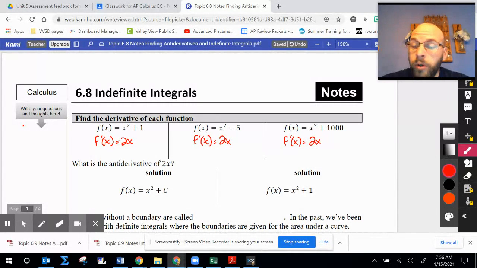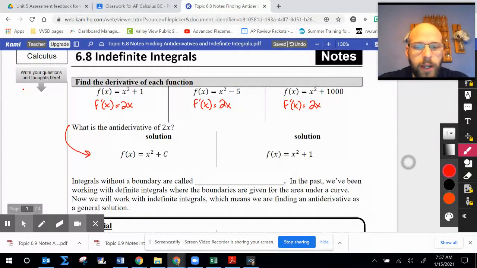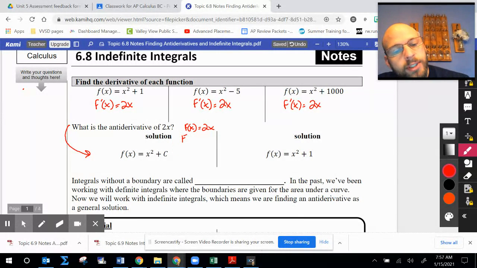Now, why is that important? Let's say I want to do the antiderivative. In the previous lesson, we learned how to take the antiderivative of a power. If I were to say f of x equals 2x, we're going to raise it up a power and multiply by the reciprocal.